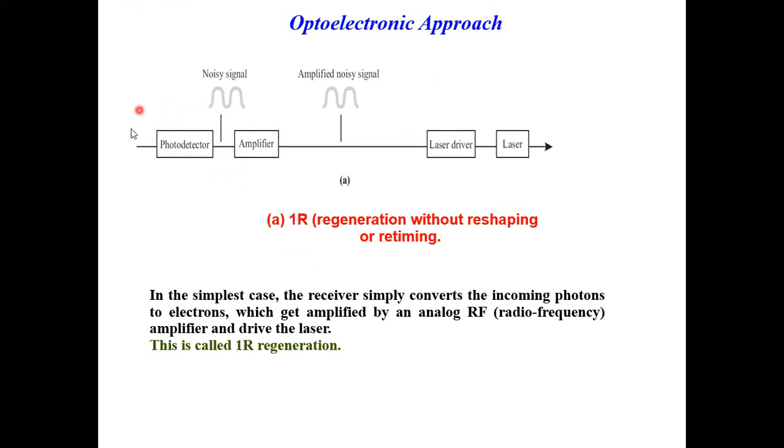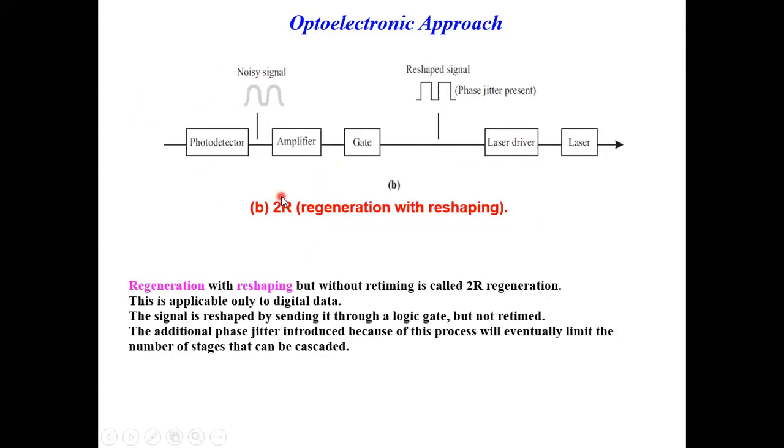Since the signal was in the optical domain, we reconverted it to the electrical domain, and that electrical signal drives a laser, and the laser output is generated at the desired wavelength. Here I was not worrying about any other aspect, only regenerating that signal at another wavelength. That's why it comes under the category of 1R, that is only regeneration.